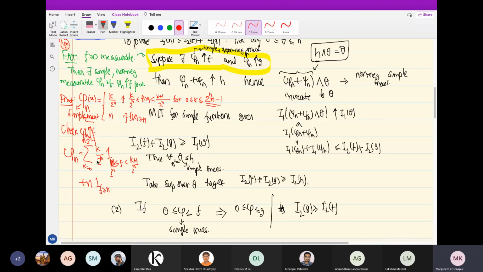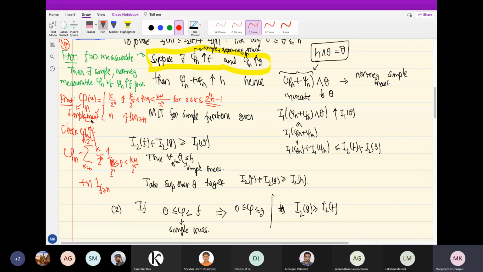So you have written it as a sum of indicators, and all these sets are measurable because f is measurable. These sets, f between two values or f greater than or equal to n, are measurable sets. So phi n is measurable.